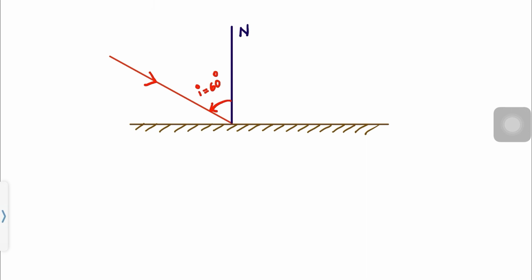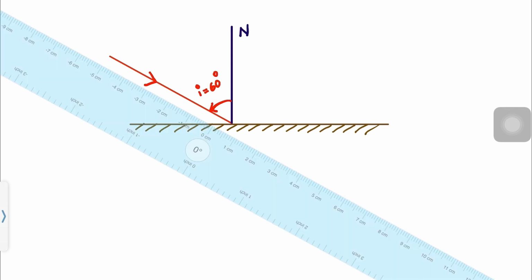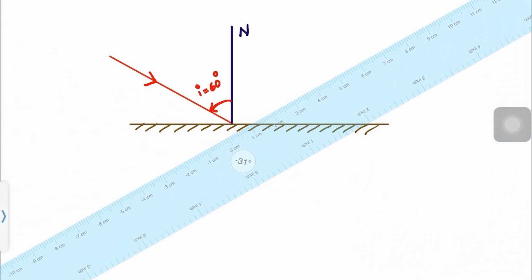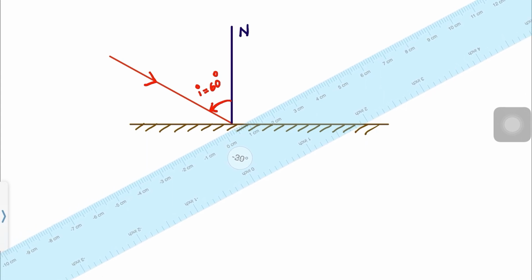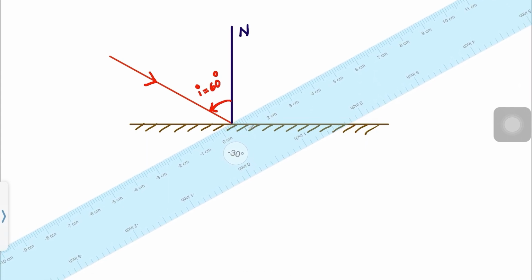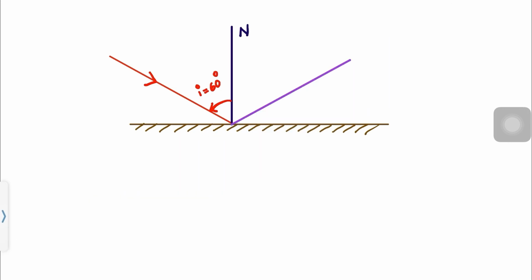Now this incident ray will fall on the object and will reflect, or bounce back, into the same medium. The light ray which is moving away from the interacting surface after reflection is called reflected ray, and the angle between the normal and the reflected ray is called angle of reflection, and it is also 60.